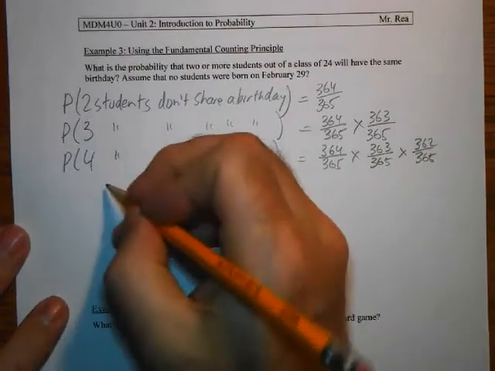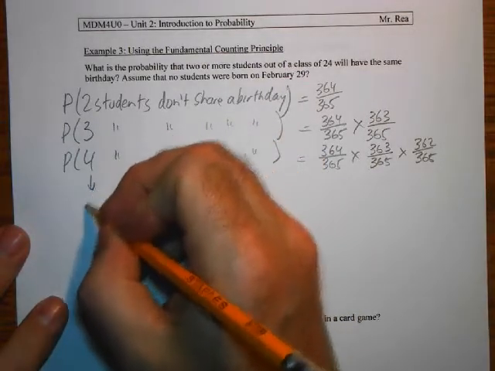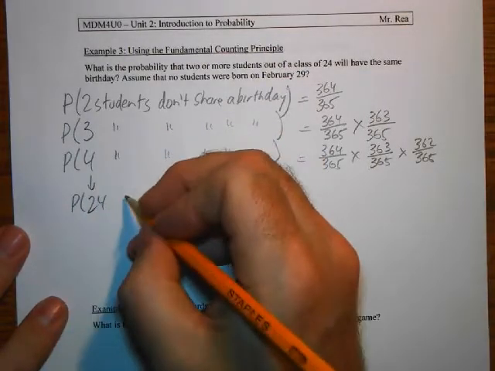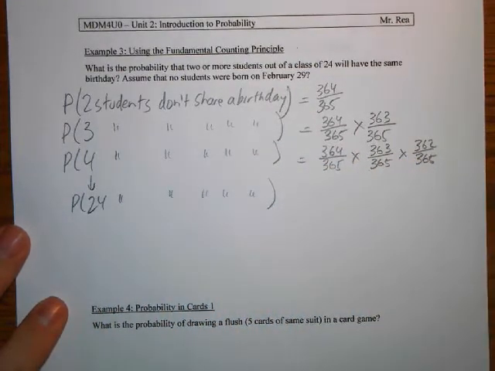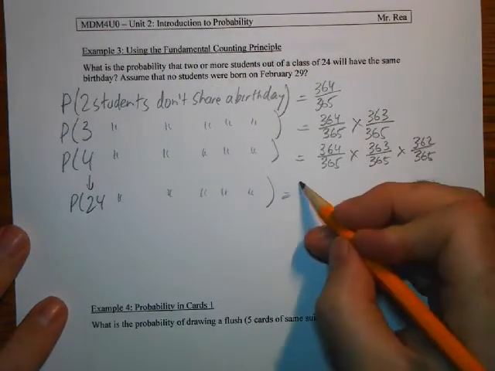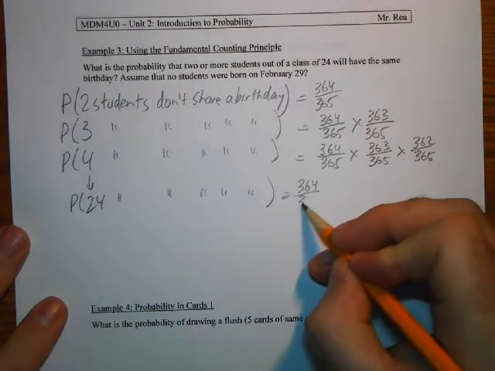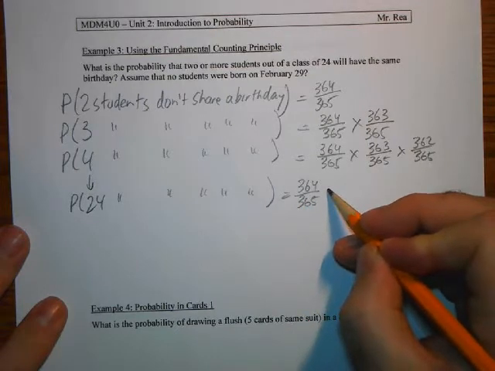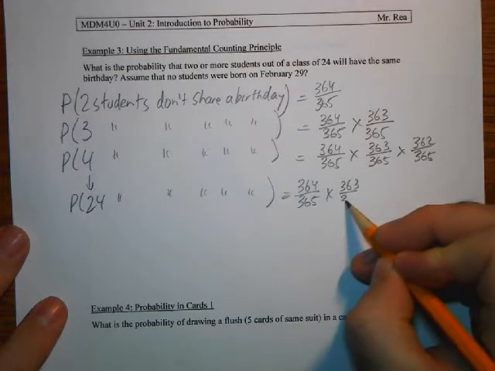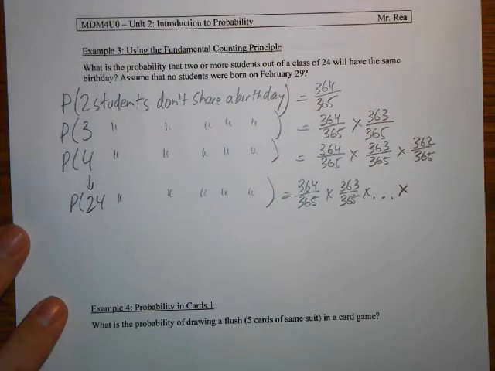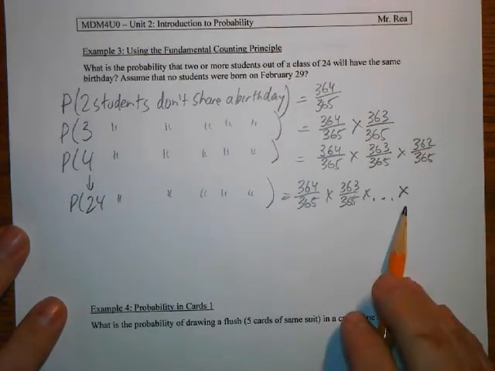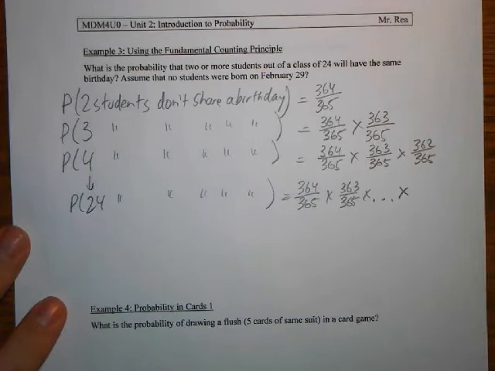Okay, so if I jump down to the probability that 24 students don't share a birthday, I'm going to continue this pattern. I'll just put the first 2 times 363 over 365, and then I'll do the old famous dot, dot, dot. And then the last term, that's the one we have to come up with. This would be the probability that the 24th person doesn't share the same birthday as the previous 23 people.